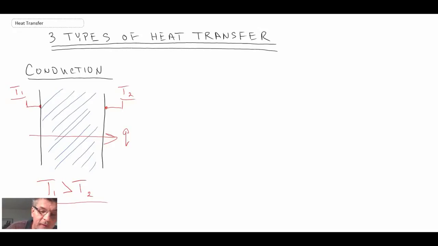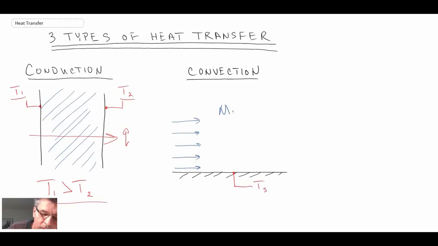The next form is convection. Here we're taking a look at a schematic with convective heat transfer, and when you have convective heat transfer, there will be a fluid involved. There will be a fluid and a solid interface, and the solid will be at a different temperature from the fluid.